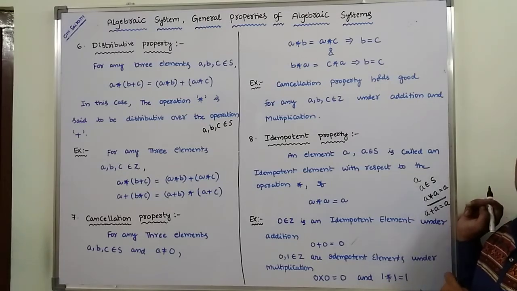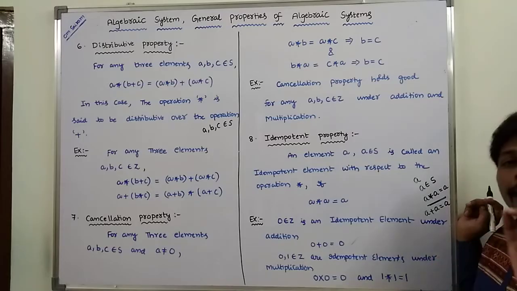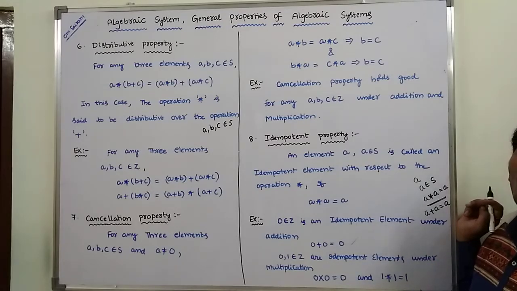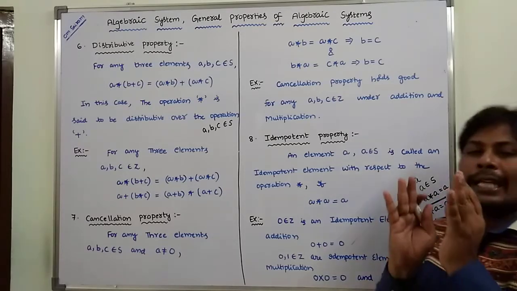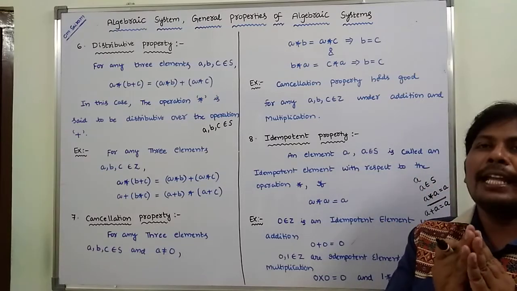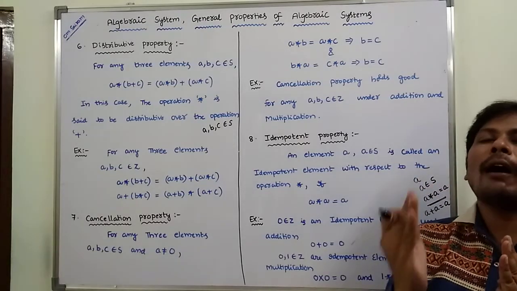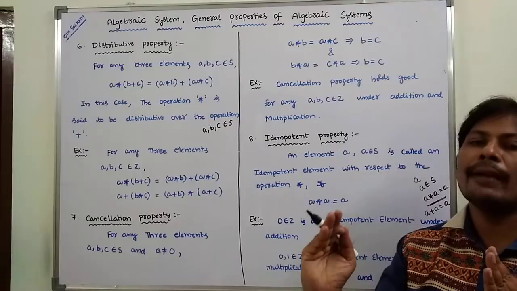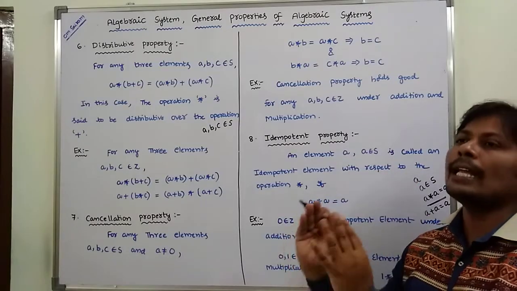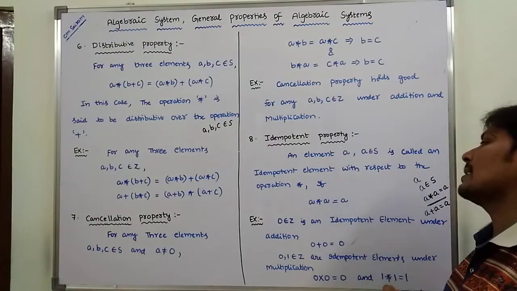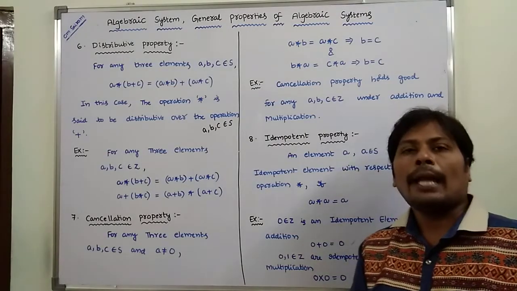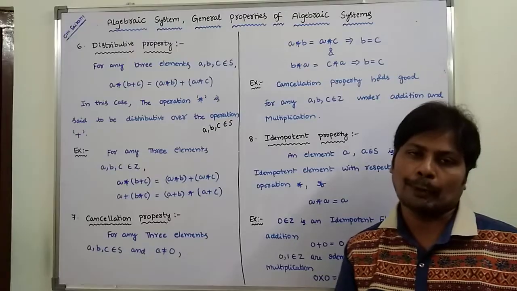0 and 1 are called idempotent elements under the operation multiplication on the non-empty set Z. We take one element, this element is added or multiplied with the same element, and the result is also the same element. That property is called idempotent property.